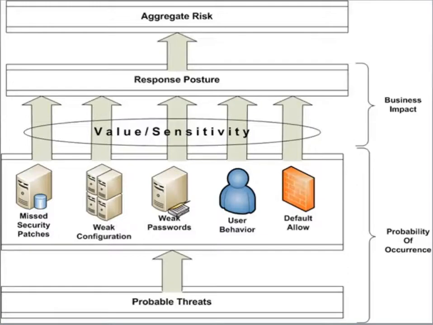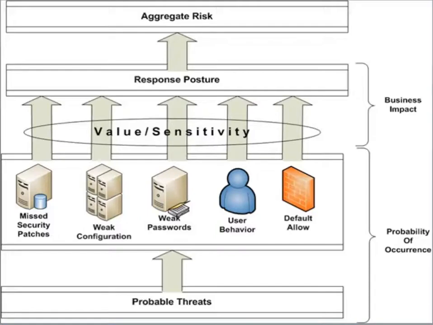You put all of those things together, it's like going through filters. You have your probable threats, which go through the filter of your attack surface management, which go through the filter of how sensitive the data is that's affected, up through the filter of response, and out the other side comes aggregate risk. The risk that's left over after you've put in all of the controls that we've talked about in this lecture.